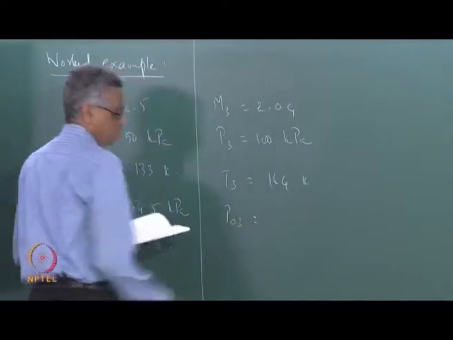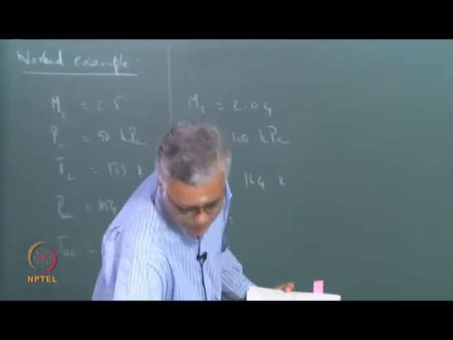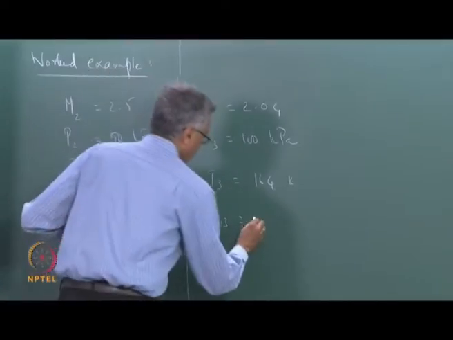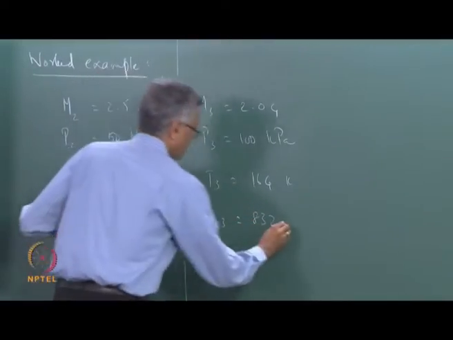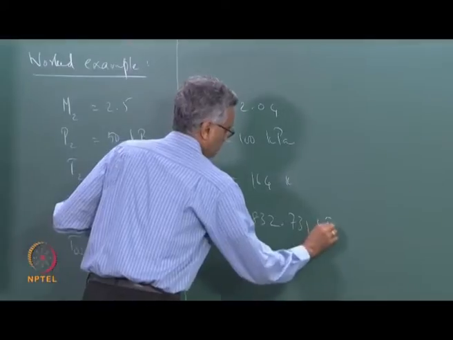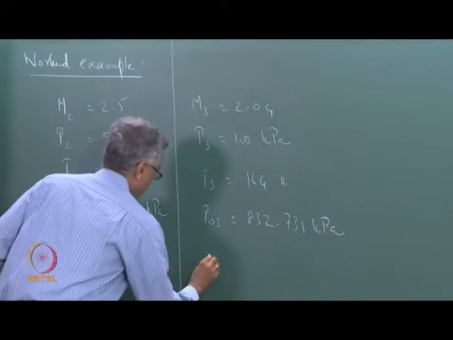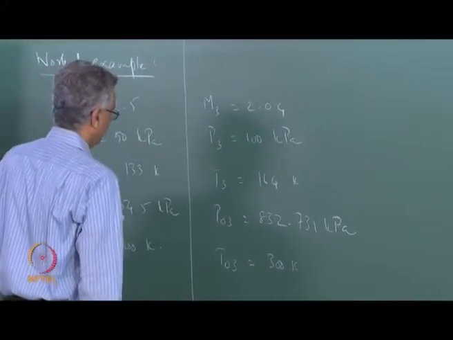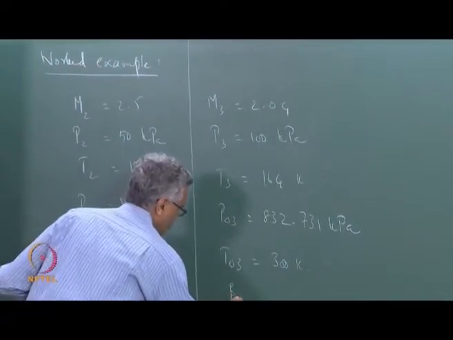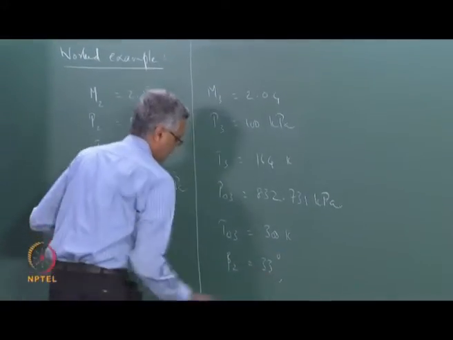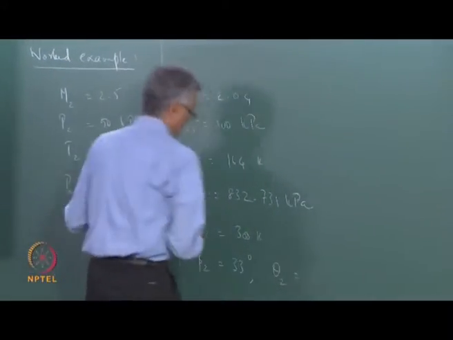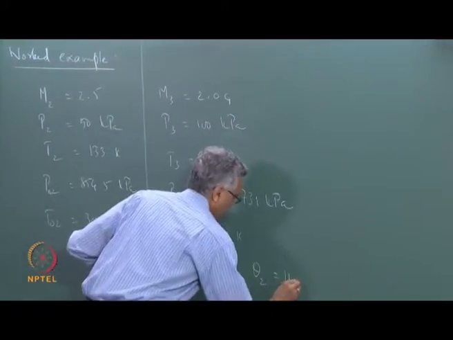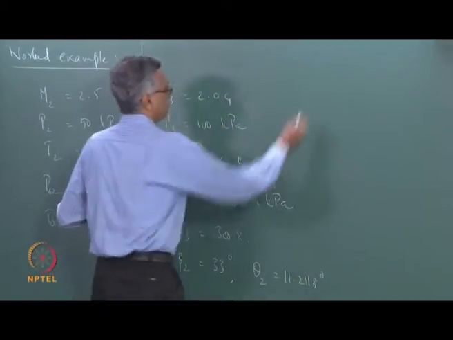P03 was evaluated to be 832.731 kilopascal, and T03 of course was 300 Kelvin. And if you recall, we calculated beta 2 to be 33 degrees, and theta 2, the flow deflection angle or the angle through which the jet is deflected, was calculated to be 11.2118 degrees.